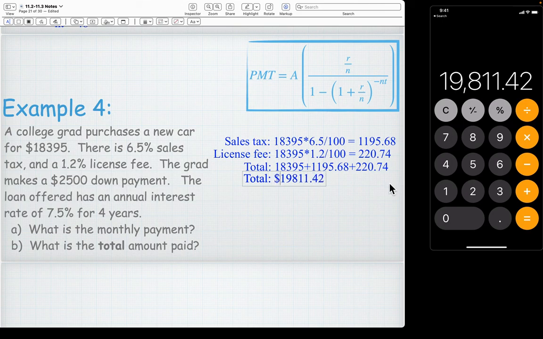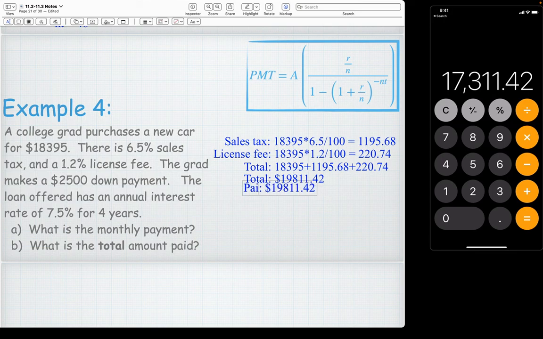Now, you did say that you would pay a $2,500 down payment. So if we paid $2,500, we can take away that $2,500, and we still owe $17,311.42.